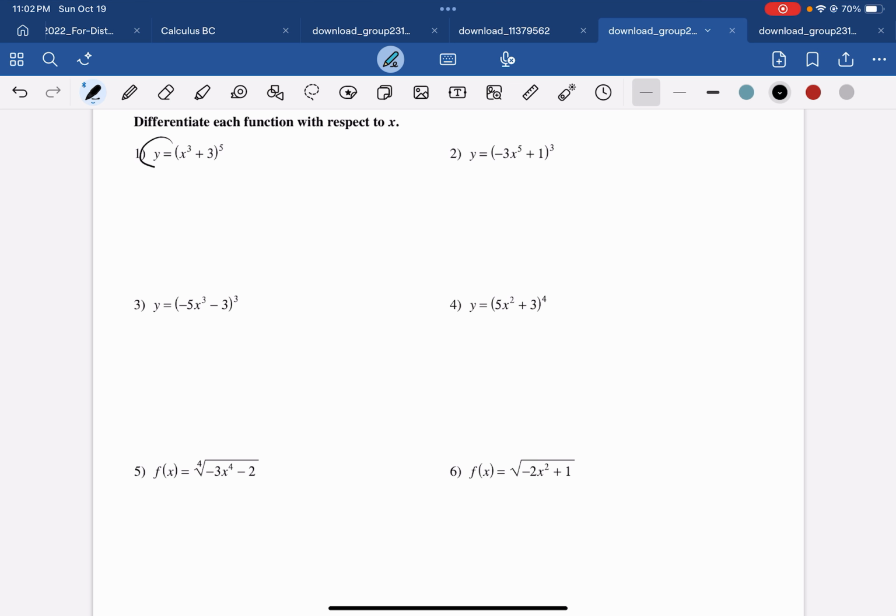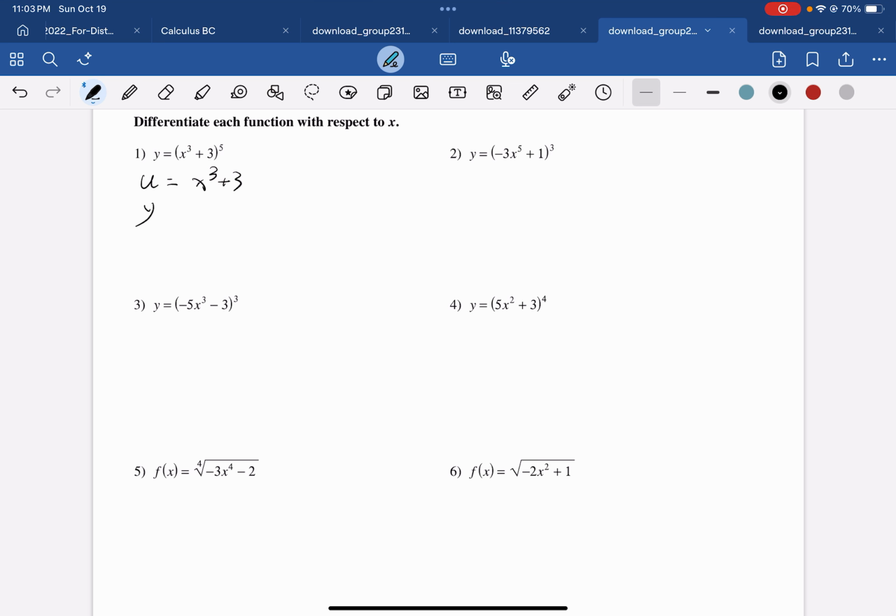So let's use the first question as an example. We substitute a letter for the inside function: make u equal to x cubed plus 3.